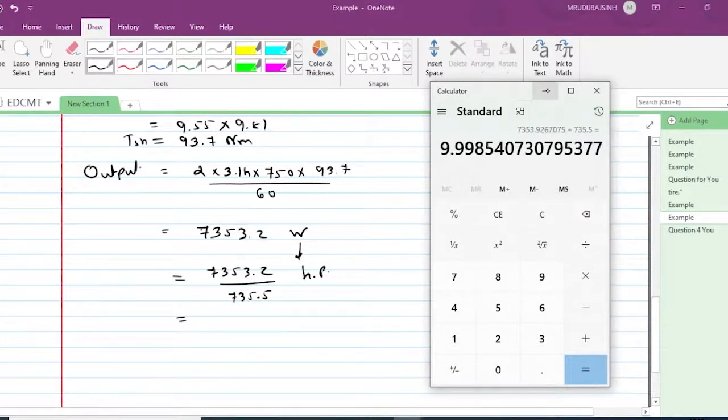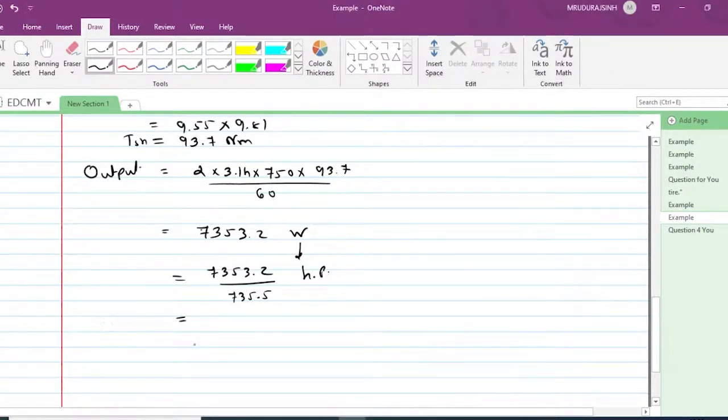So we'll take it as 9.99 HP, or we can directly take it as 10 HP. There is no issue if you take it as 10 HP, right? So now we are ready with the output.